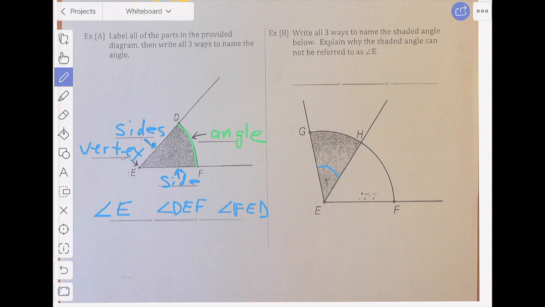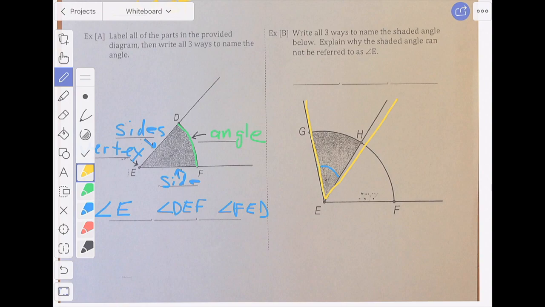Well, if you tried to do it, it would be angle E. The trouble there is that there's more than one angle at point E. So calling it angle E is bad news because it could be this angle, it could be this angle, or it could be this angle. All of those are examples of angle E. There's actually three angles that have a vertex at E.